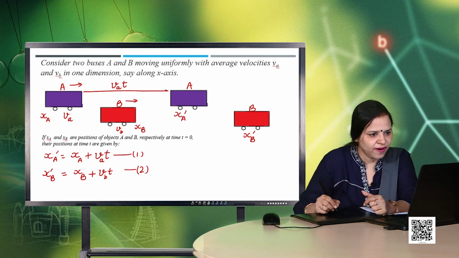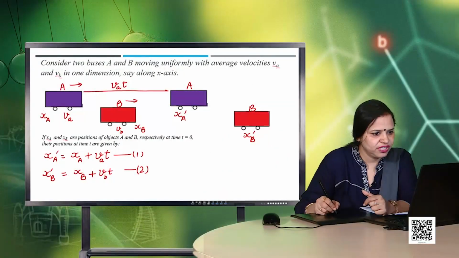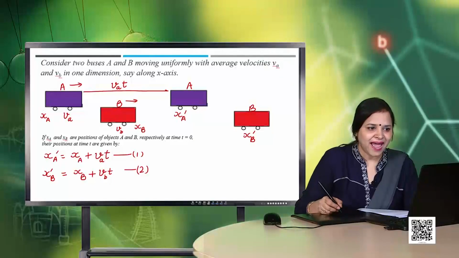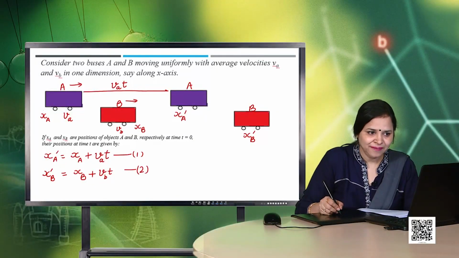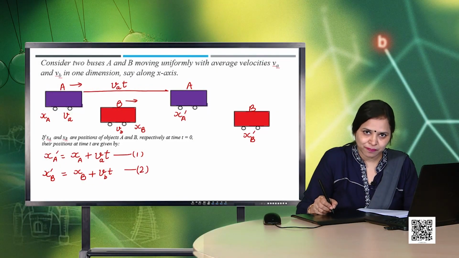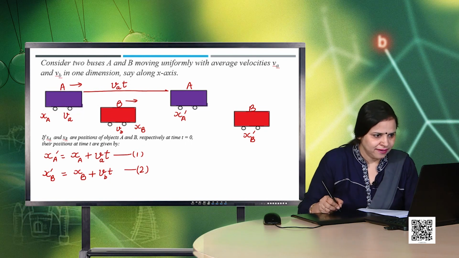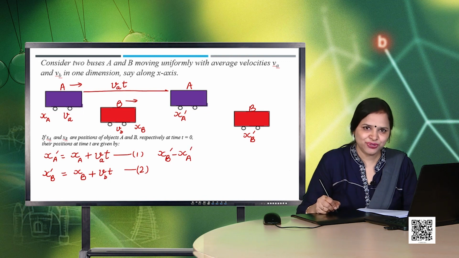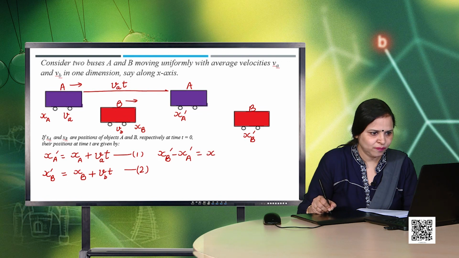Now, let us find out the position of bus B relative to A. As seen from bus A, the displacement of bus B can be calculated by finding XB dash minus XA dash, that is equation 2 minus equation 1.